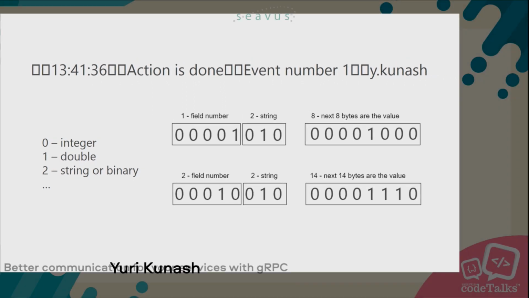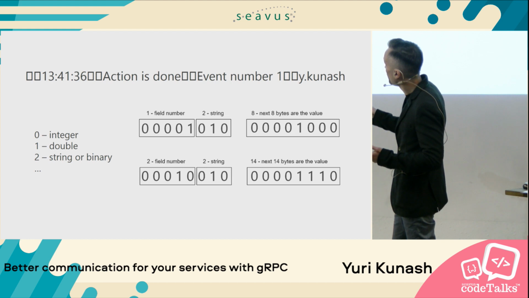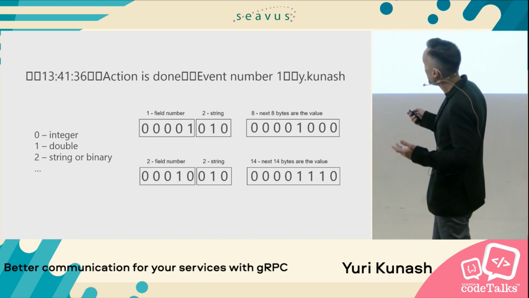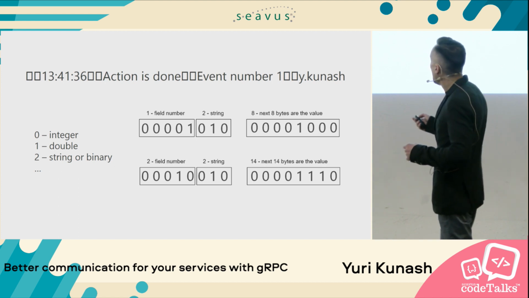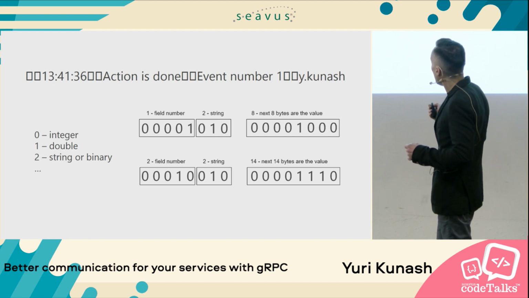So let's look into the 2 bytes which we have ahead of this value. This value looks like a date, but it's actually a string in my example. The first byte describes the data type and the field number.